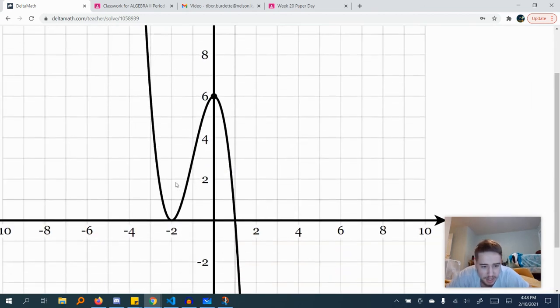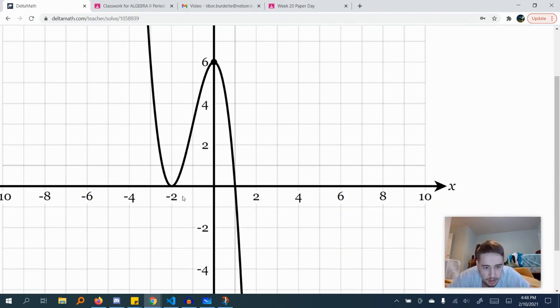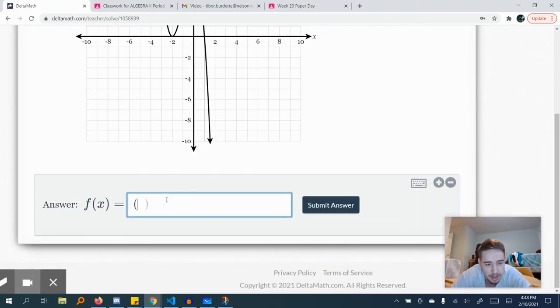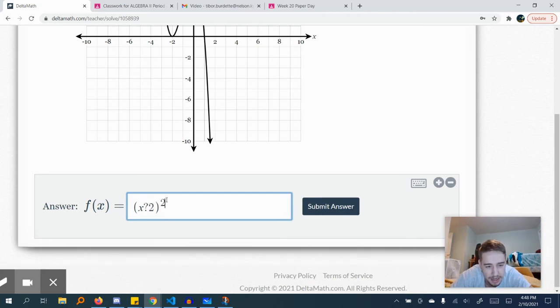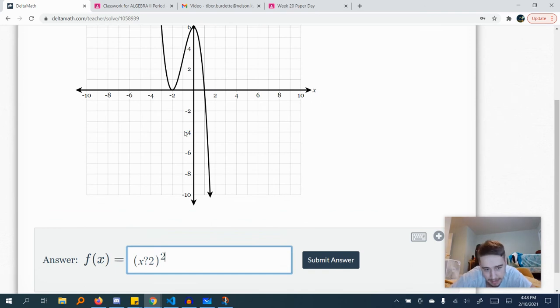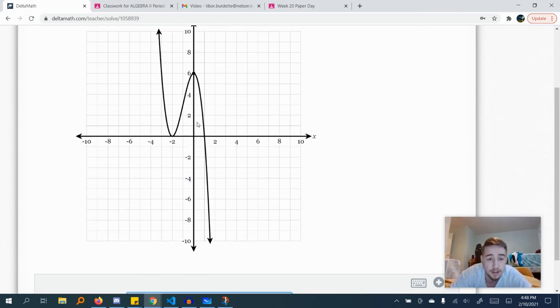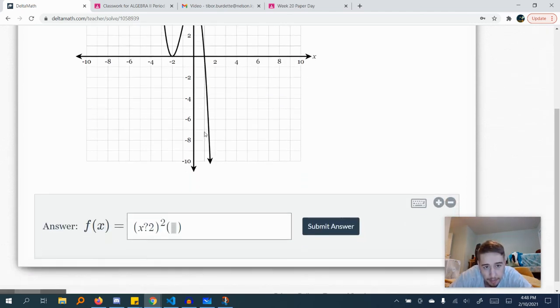Okay, what bounces? Negative 2 bounces. You're correct, kids. So what happens when it bounces? X plus 2, something squared. It happens an even number of times because it bounces. And we got another one at x equals 1.